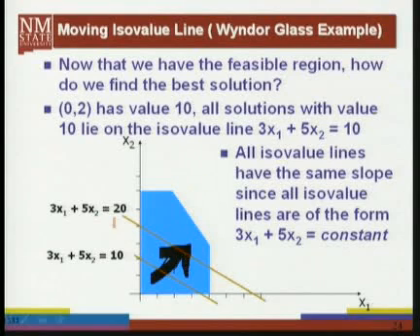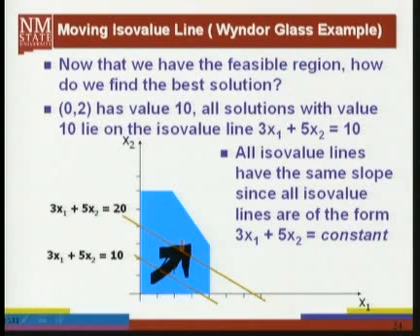So we construct another isovalue line, which is this, by moving to 3x1 plus 5x2 equals 20 in this direction, northeast direction, right?